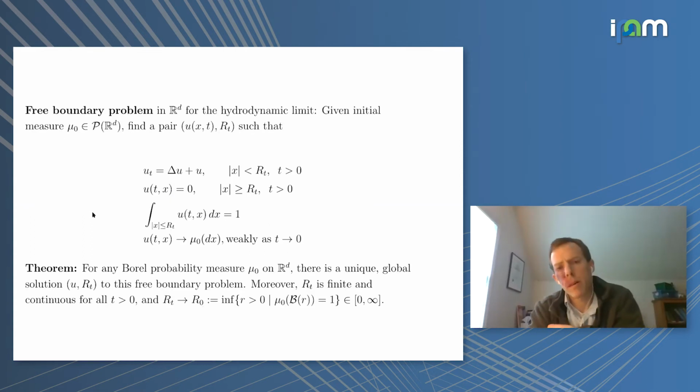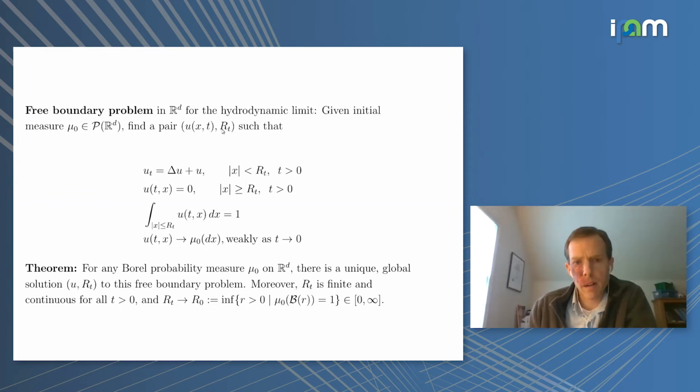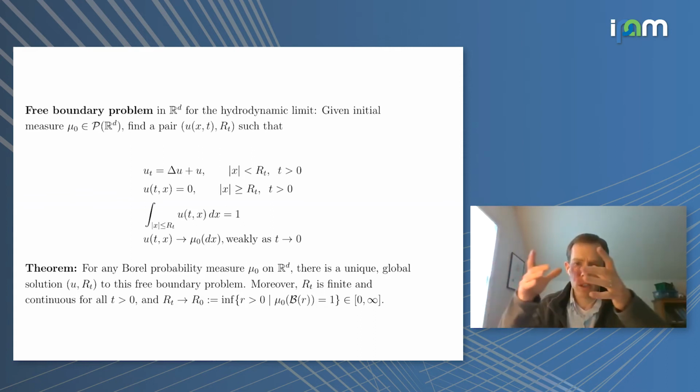So what is the free boundary problem? The free boundary problem takes as input the initial measure mu naught, and the problem is to find a pair, the function u on R^d in time, and a radius function R(t), such that the following conditions hold. So u satisfies the PDE, heat equation plus the source, and the domain is all points x in R^d which have magnitude less than R(t). So these are Euclidean balls of radius R(t), but the radius is changing in time.